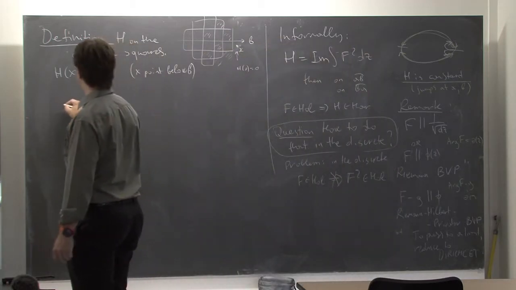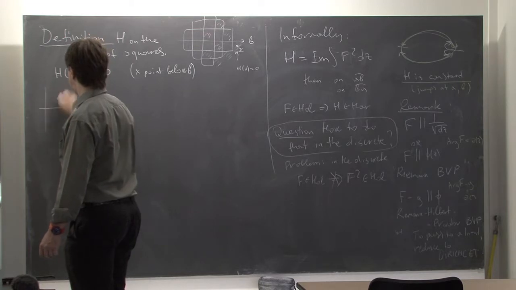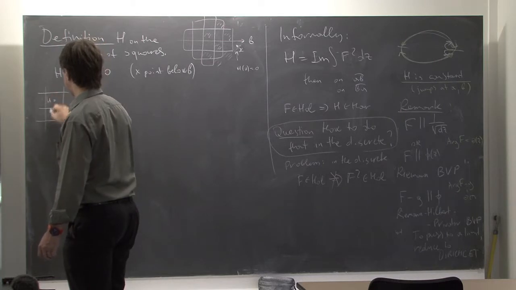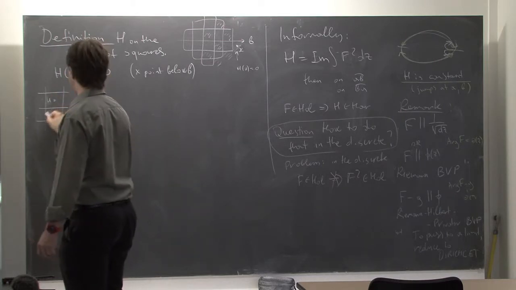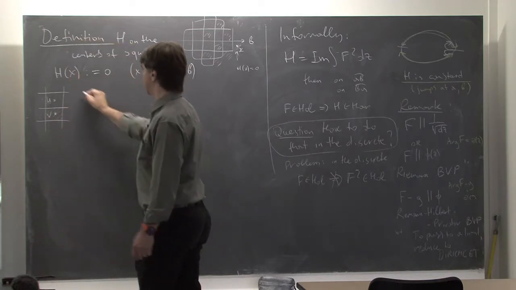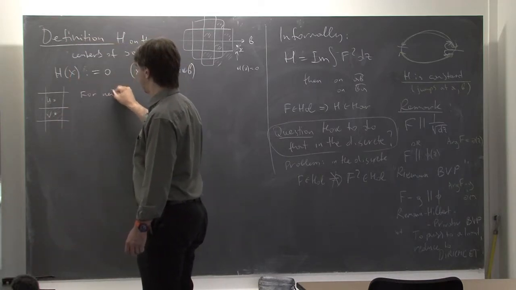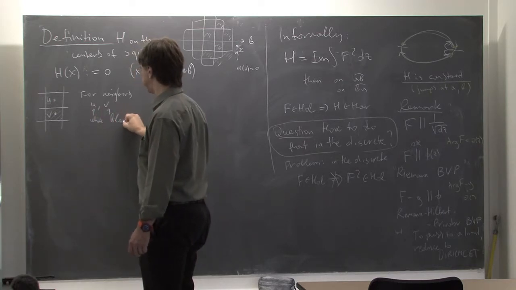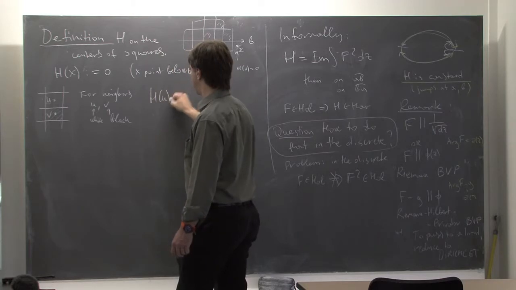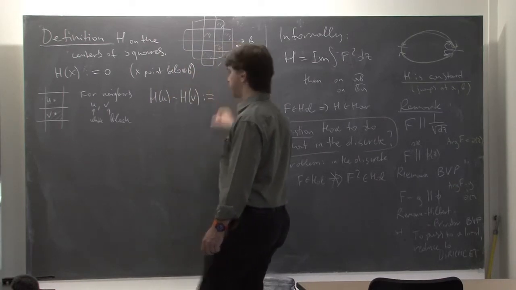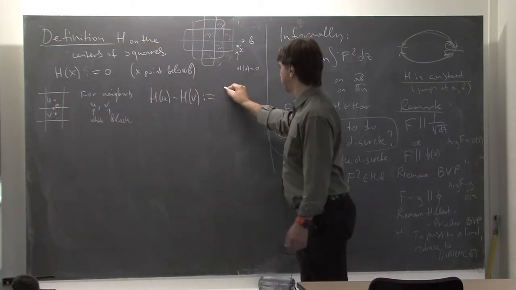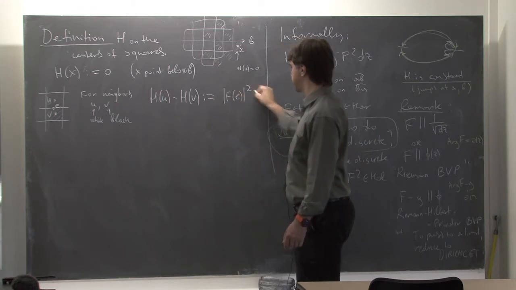So if we have two neighboring points, not A and B, we already had those, U and V, and one of them is black, so for neighbors U and V, and U is white and V is black, we set h of U minus h of V to be equal, so there is an edge between them, to the absolute value of f on the edge squared.